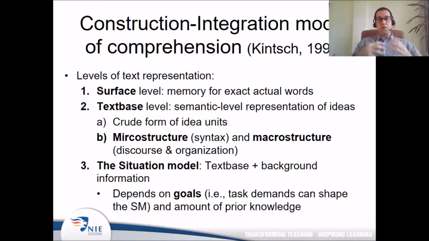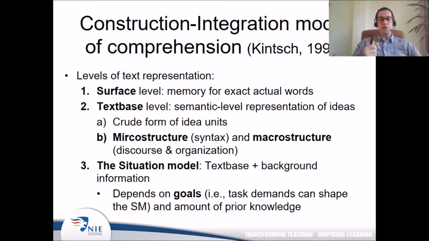You don't fill the gaps until you start the last part of comprehension, where you generate this coherent, cogent, and comprehensive mental representation of the passage, which is known as the situation model. Therefore, the situation model is your own background knowledge and information plus the text base that you generated in the previous stage.